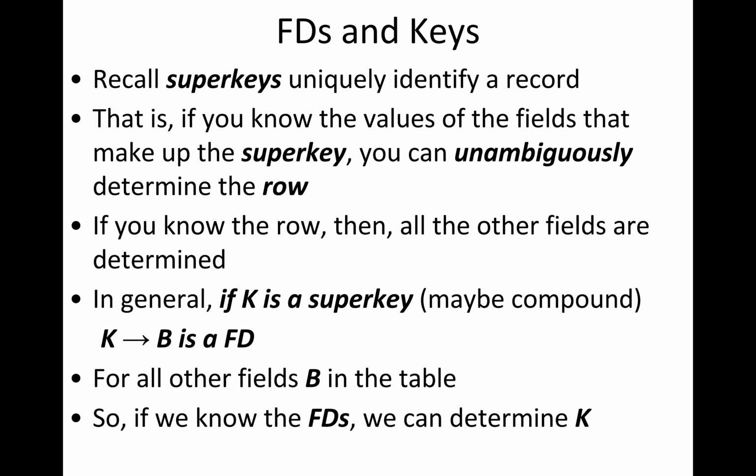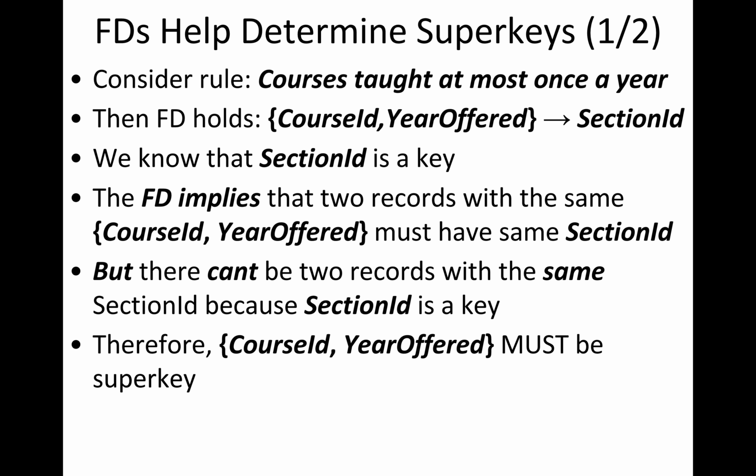So we can use these dependencies as a clue for choosing what those keys should be, to break those functional dependencies. So FDs can help us determine the superkeys. For instance, in some of the rules that we mentioned earlier, we had the rule of courses taught at most once a year.